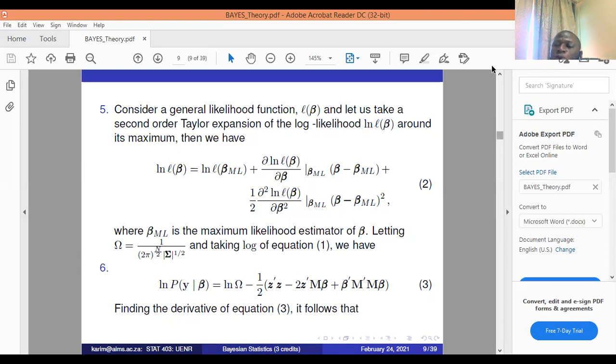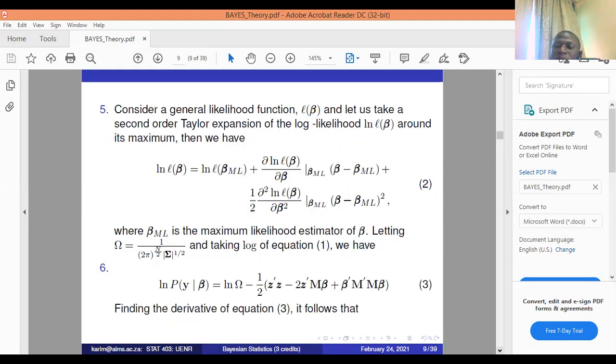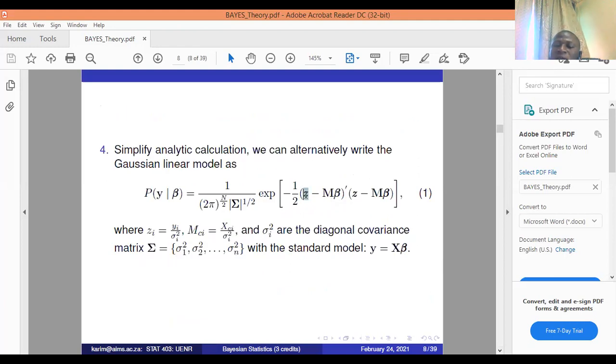So what we have to do is expand what is inside the bracket. This is how it's going to look. You take Z, which is going to be Z transpose, so Z transpose multiplied by Z. Then we take M beta transpose multiplied by Z. Then we take Z transpose multiplied by M beta.